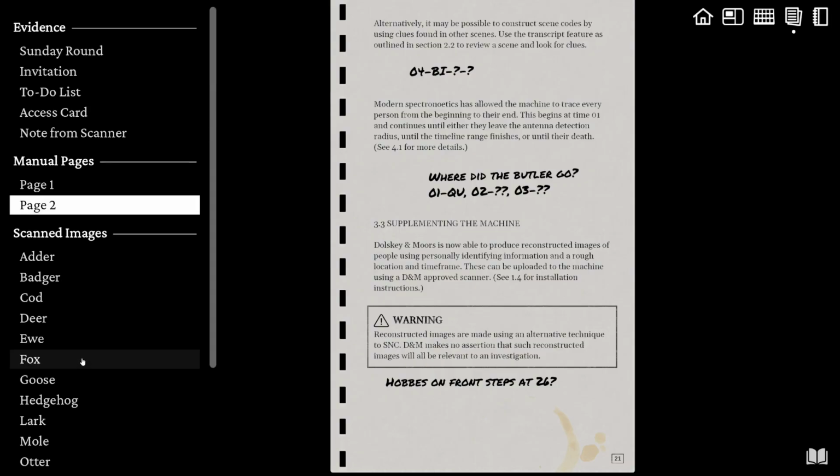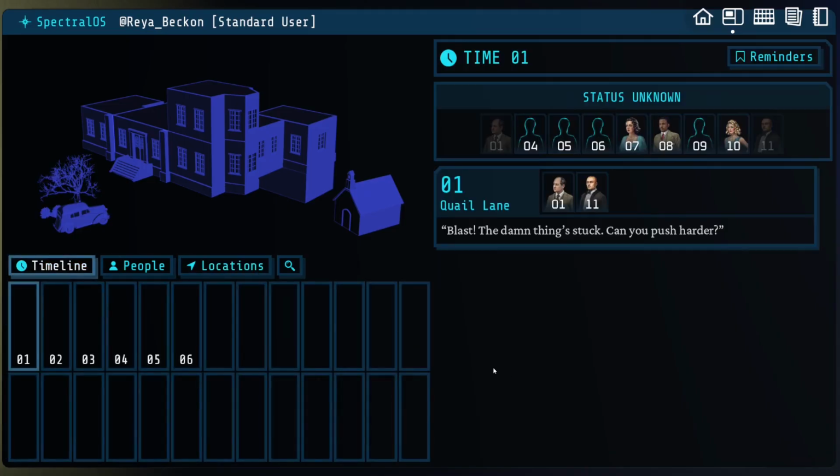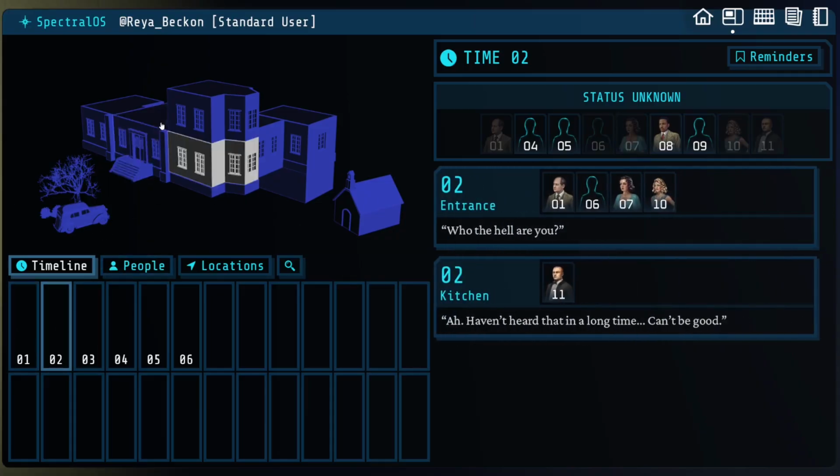What do we have otherwise? Alright, let's see the timeline. This guy came and then went to the entrance. Where were the others? We know he was in the kitchen, and some of them came here.